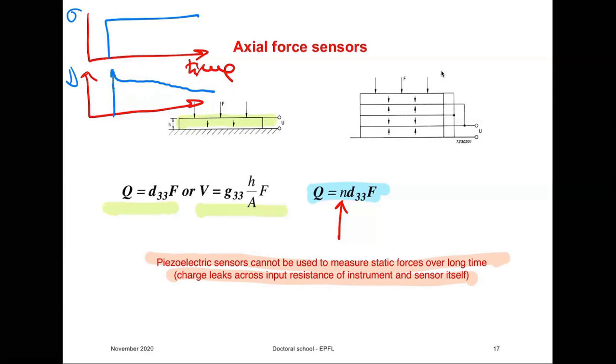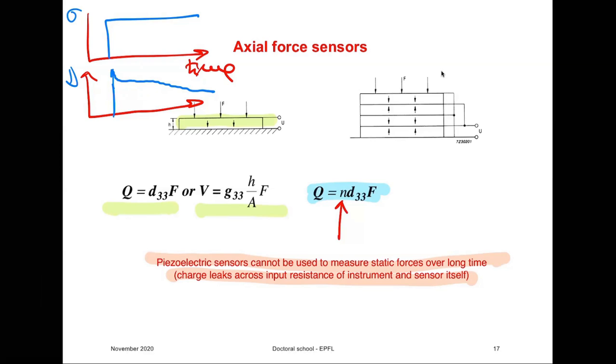So alternative is to use piezoresistive effect. In a piezoresistive effect, which is a 4-rank tensor and thus present in all materials, quartz is very good piezoresistive materials. You have that resistance depends on a pressure. So if you apply static pressure, resistance will be changed indefinitely.